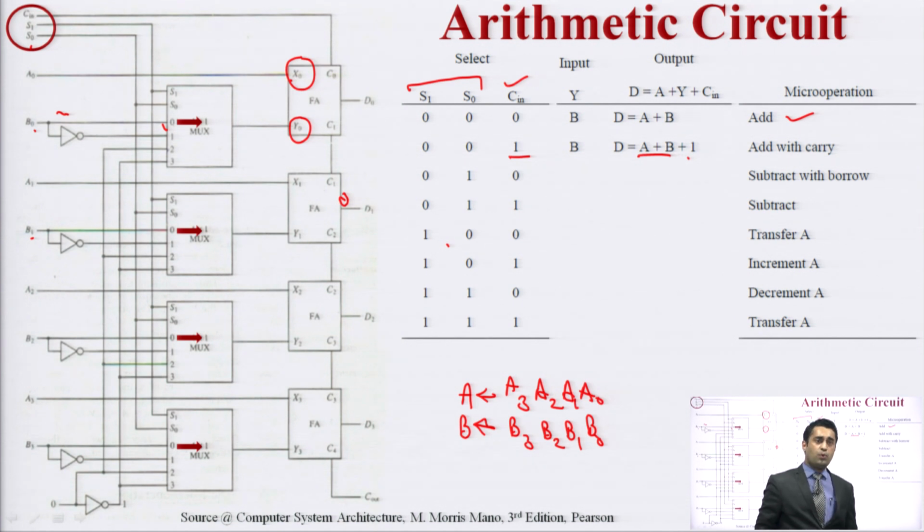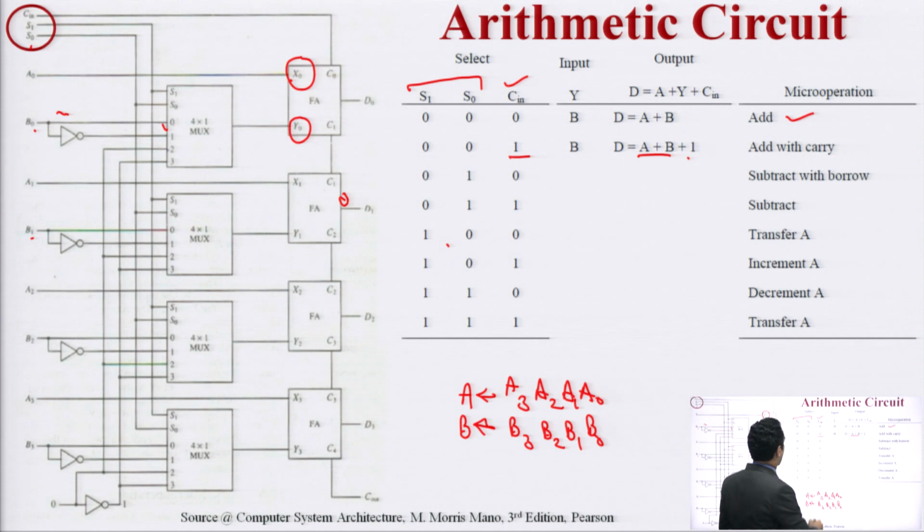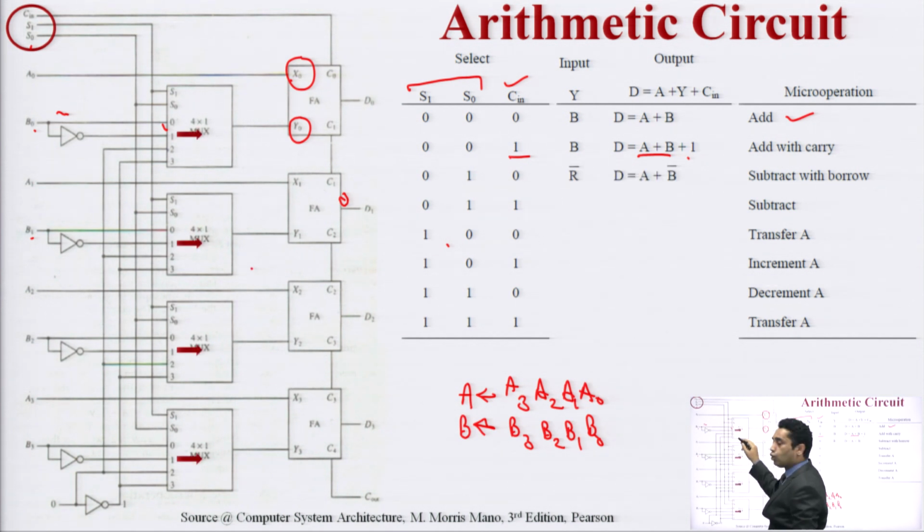Next, when we change the combination, it is 0 1 0. It means now S0 is 1, and the remaining ones are carry in and S1 as 0. In this combination, when it is received at the mux part, this is 1. So here we are using the combination 1 all the time.